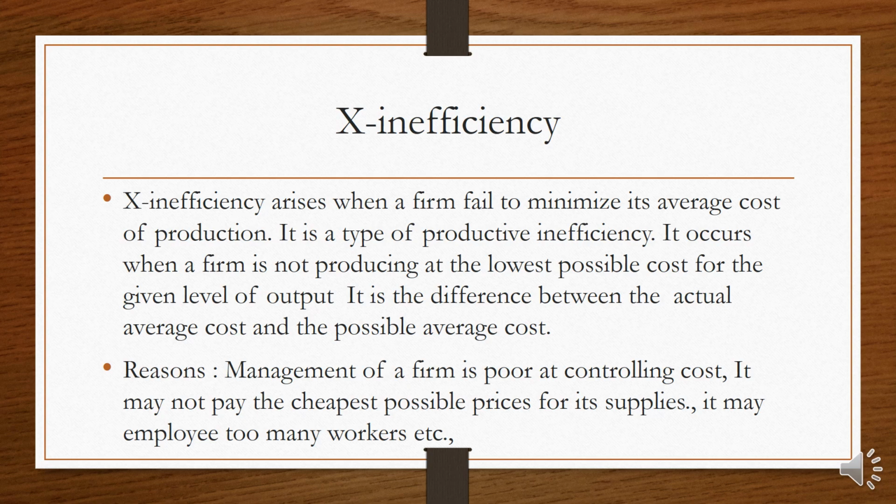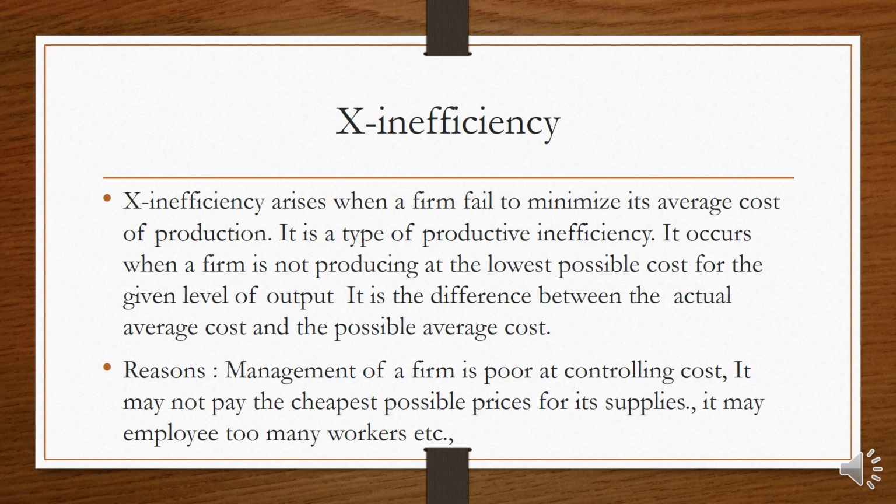Actual cost of production means in order to produce a particular product, how much it costs the firm, and then there is the minimum possible cost. For example, one cell phone that company XY is producing costs $1,500, but the minimum possible cost is $1,000. That means the difference is 500, isn't it? They are taking 500 extra. So that is X inefficiency.